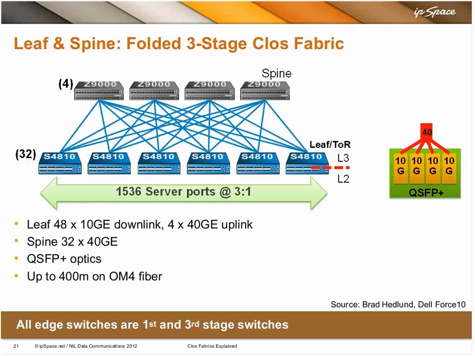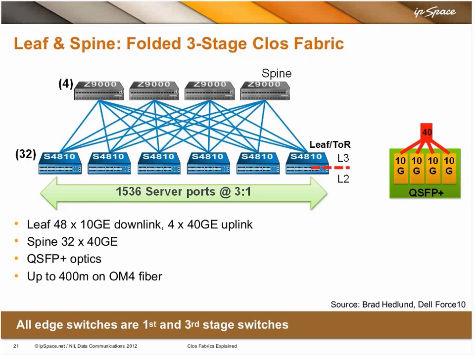So if I'm going to use 40 gig as the uplink to the spine, then I'm going to need a spine layer that has the 40 gig port density to achieve the scalability that I want to get out of this Clos Fabric. So with each leaf switch, each 4810 with 4 40 gig uplinks, that means I can have a maximum of 4 spine switches in this Clos.